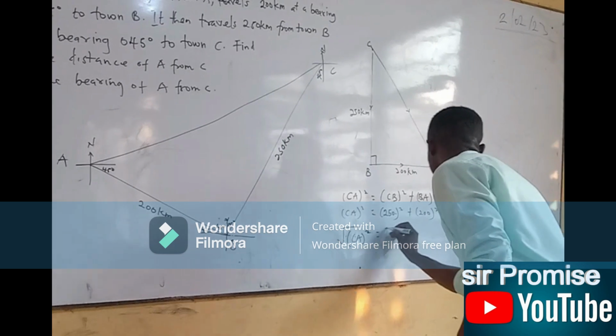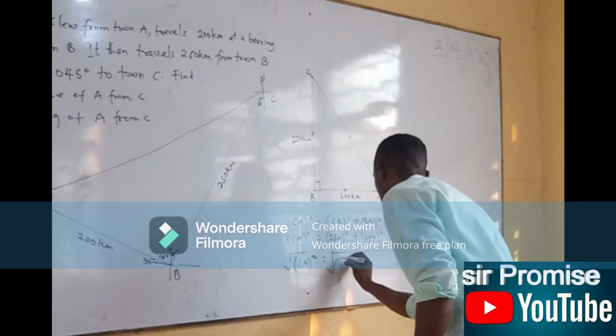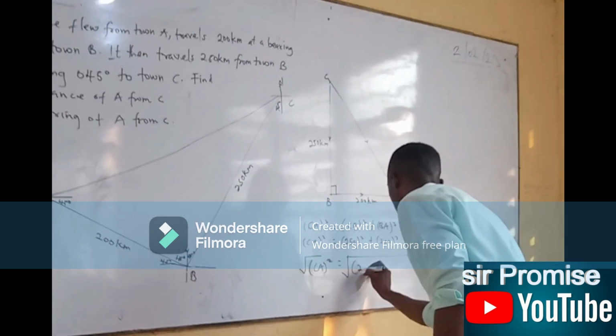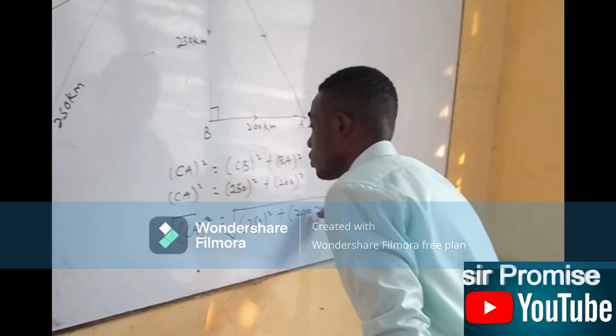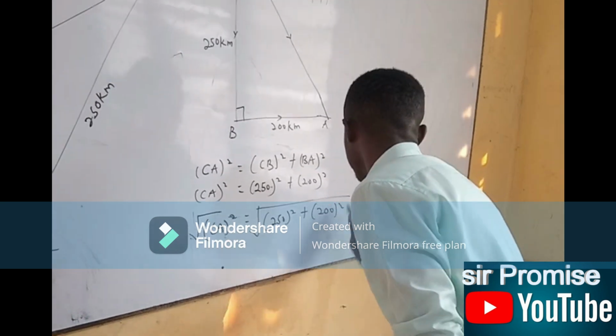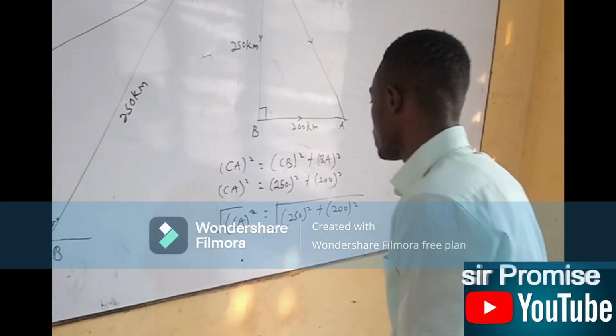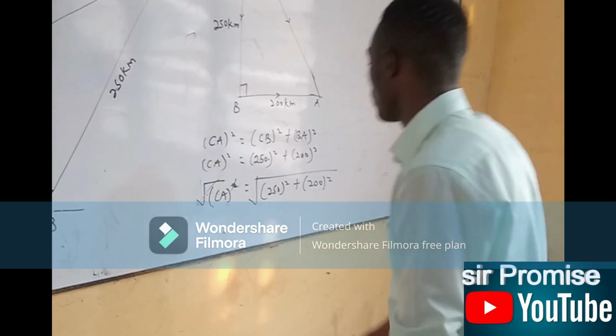So if you find the square root of this, the square is going to take off this square.